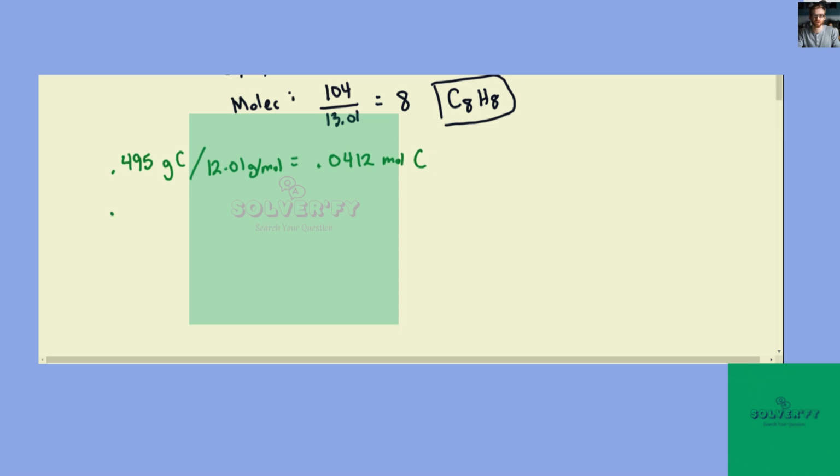Next up is hydrogen, 0.0515 grams divided by molar mass of 1.01 gives me 0.0510 moles of hydrogen.